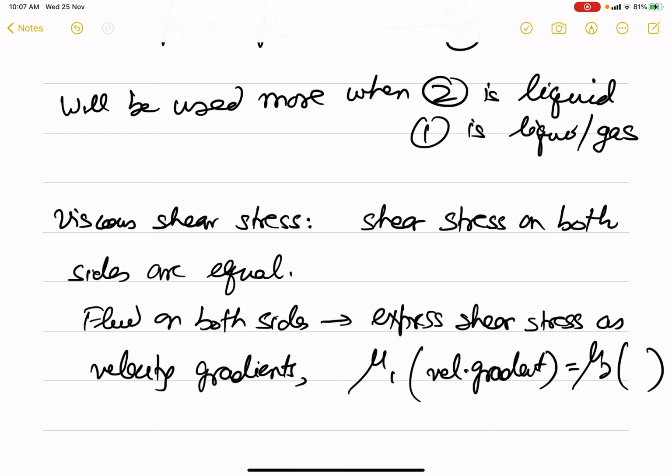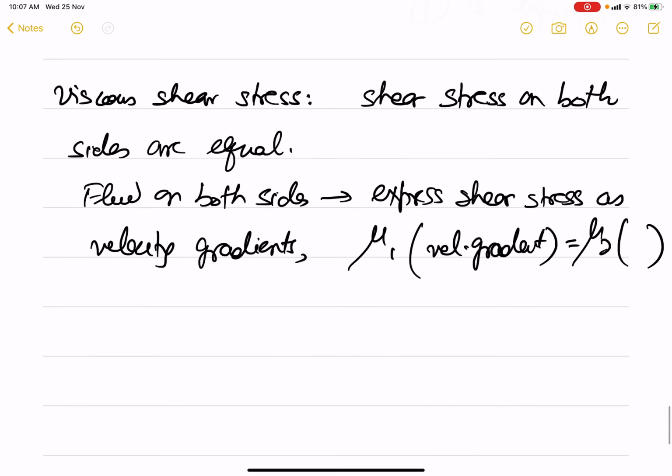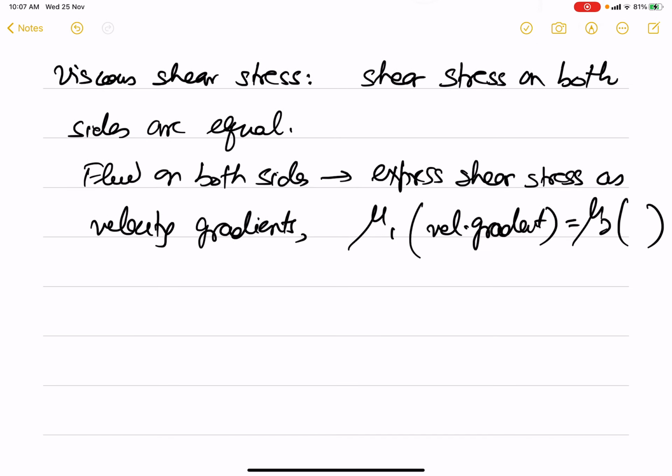And once again, this is if both sides of the boundary are fluids. So this in general is what we have for the boundary conditions.